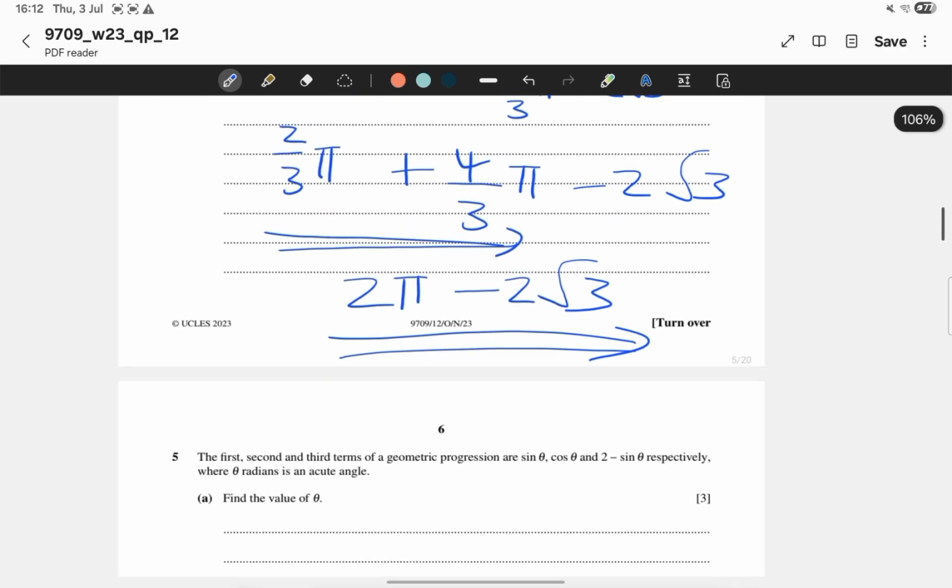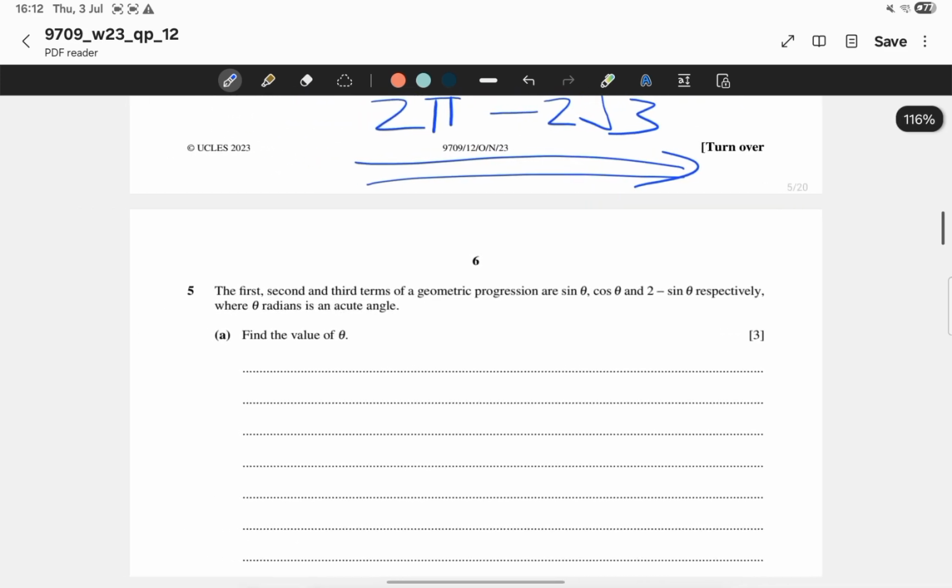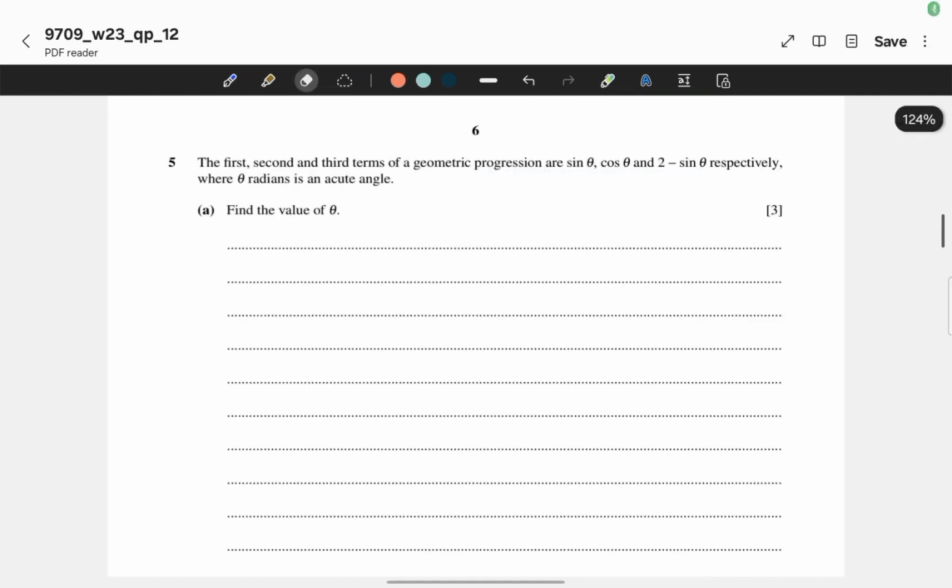So we move on to the fifth question, which reads, the first, second, and third terms of a geometric progression are sine theta, cos theta, and 2 minus sine theta respectively, where theta radians is an acute angle, and we're being asked to find the value of theta.